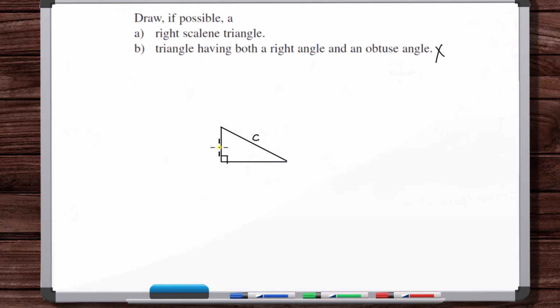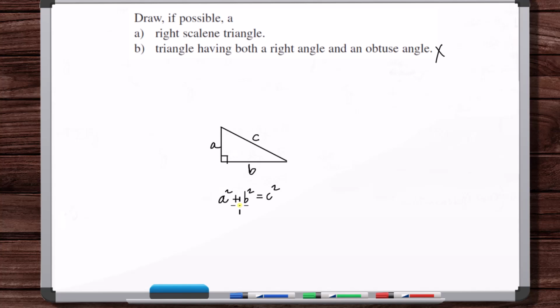So these two, A and B, we can see visually don't have the same length, but 100% side C is going to be larger in length than A and B. So that's scalene. Because again, we're going to find that A squared plus B squared is equal to C squared. So C has to be greater than A and B, because A and B can't be 0, or else that wouldn't make any sense.